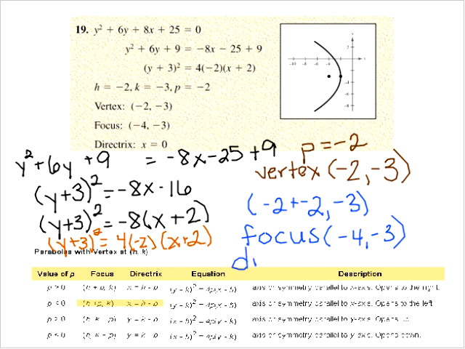Now the directrix, let's see where the directrix is. I'm going to just abbreviate that as DIR. Directrix following this is x equals h minus p, so -2 minus a -2. If we add those together, you get x equals 0 for the directrix.